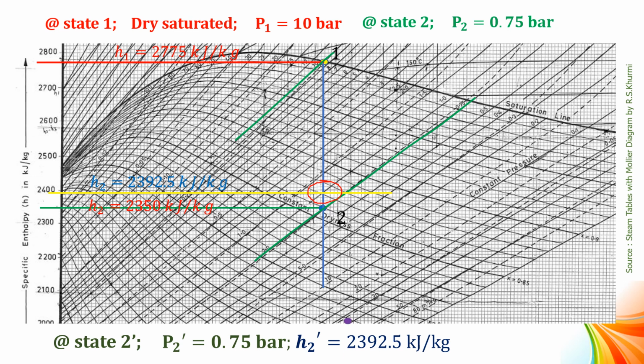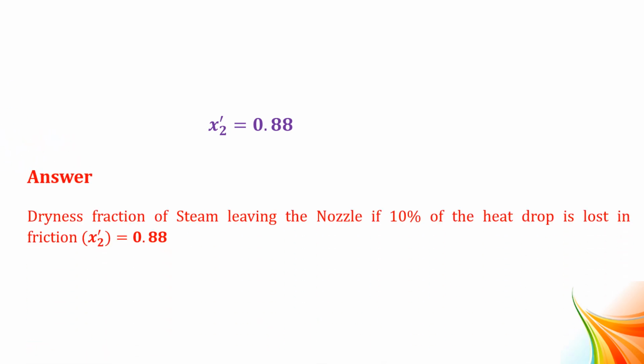There we find the dryness fraction X2 dash is 0.88. This is the dryness fraction when the steam leaves the nozzle with the consideration of 10% friction.